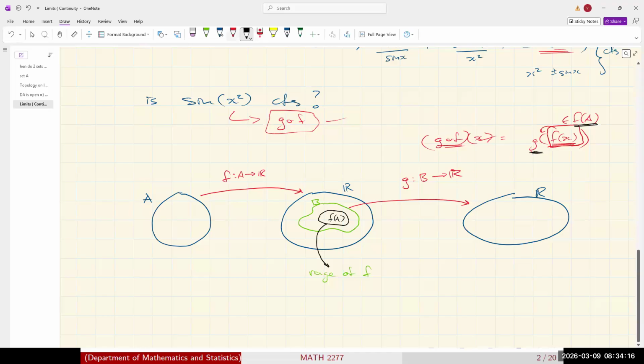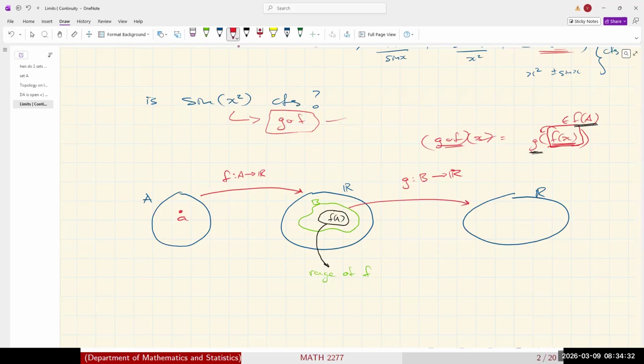So what we're going to show now is that if f is continuous at some point x, I think they call it a, so I'll stick to a.